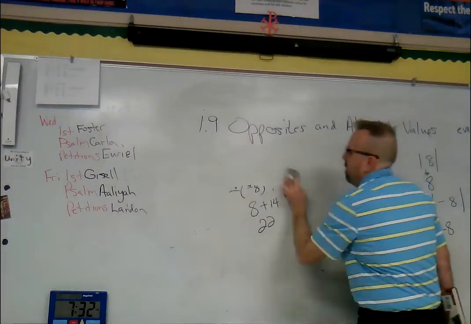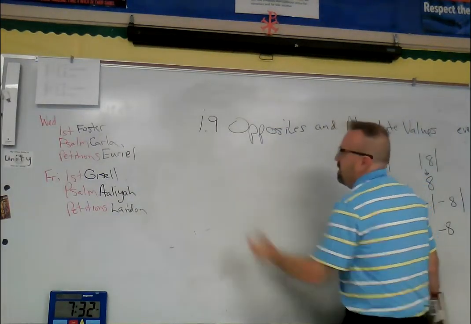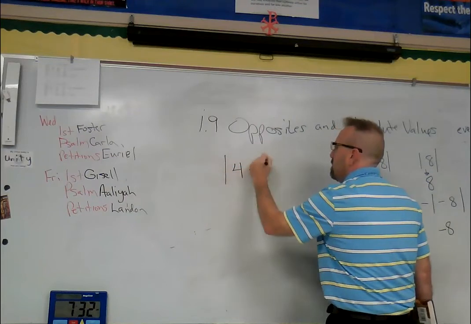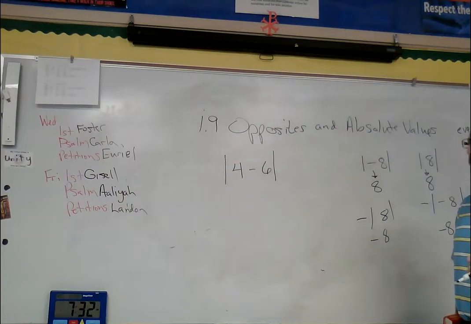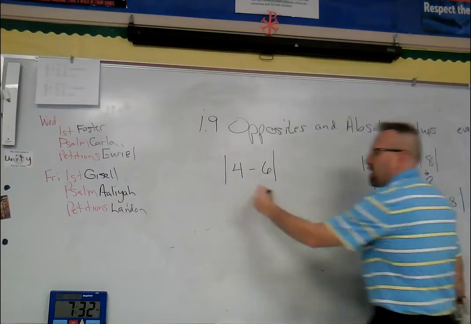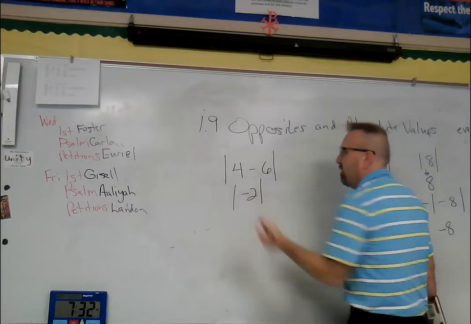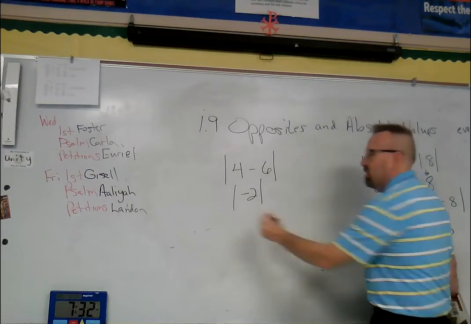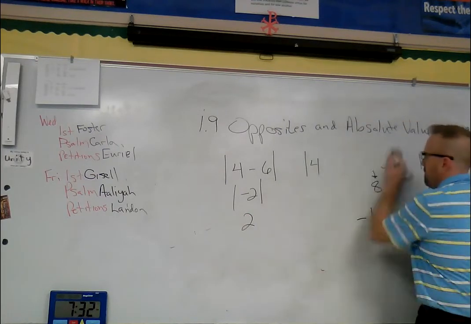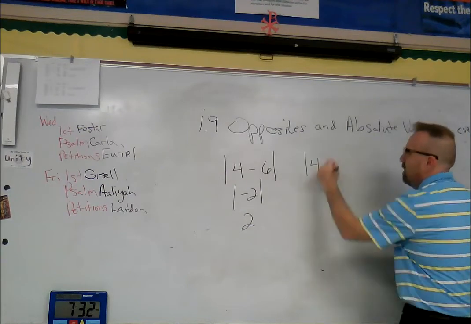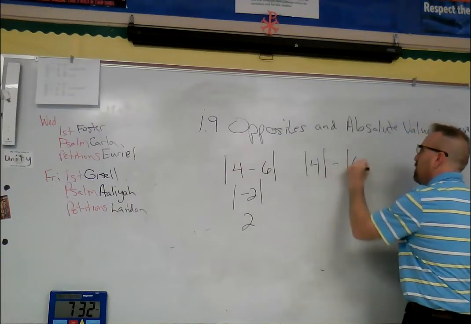We can have problems where you work it inside. So we start inside and work the problem. What is 4 minus 6? Negative 2. Now we have the absolute value of negative 2, which is 2. That could change the problem if we split it up.